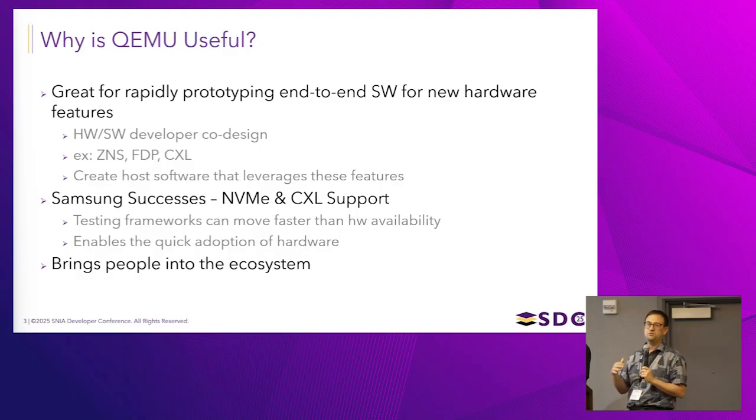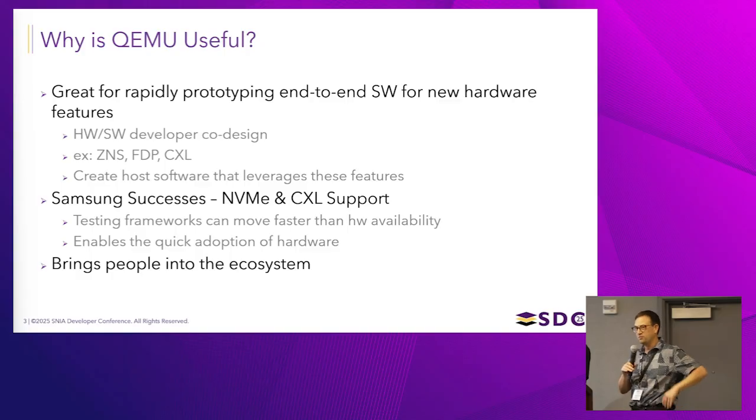We implemented features from the CXL standard in QEMU, and then we did the host OS kernel software, and that was our mechanism for level setting with the industry. We had the QEMU implementation, and we had the Linux kernel, and so we'd have host software that leverages these features.